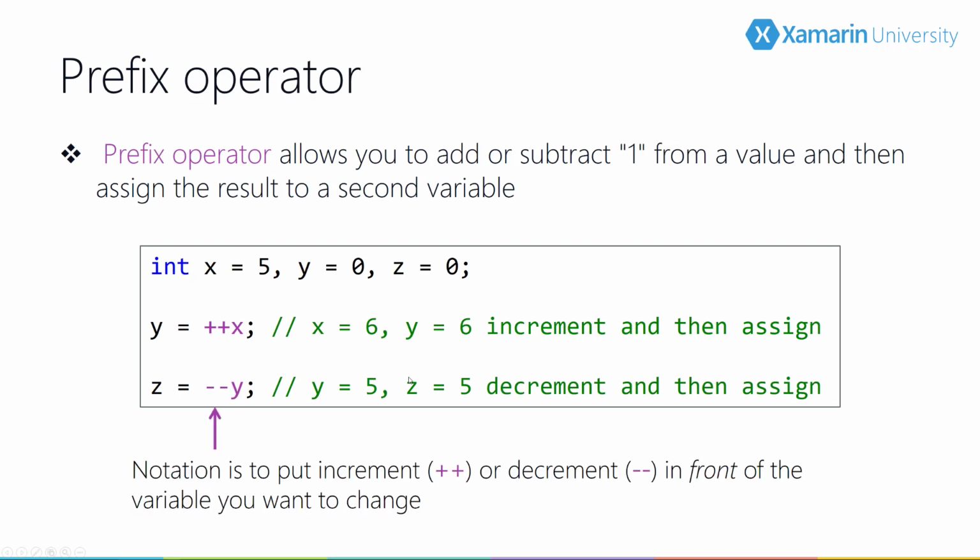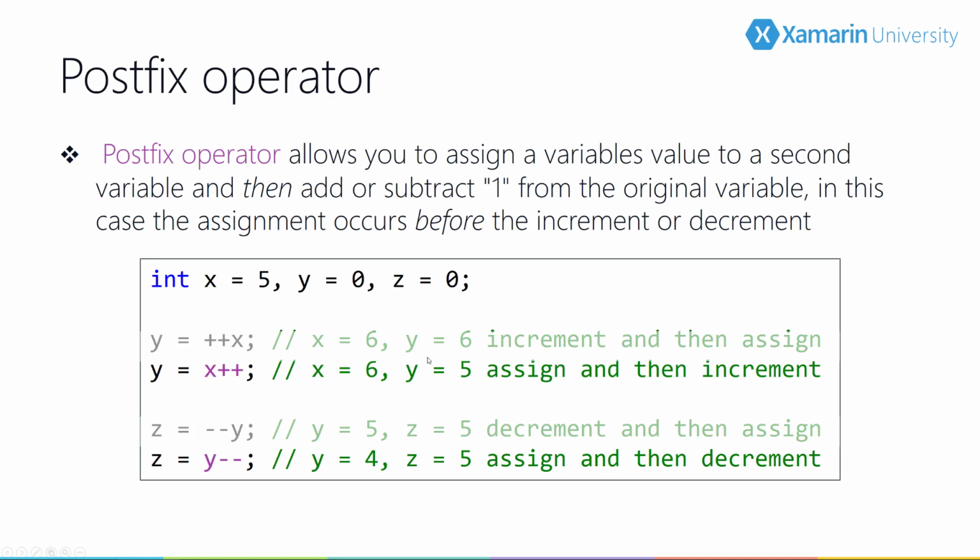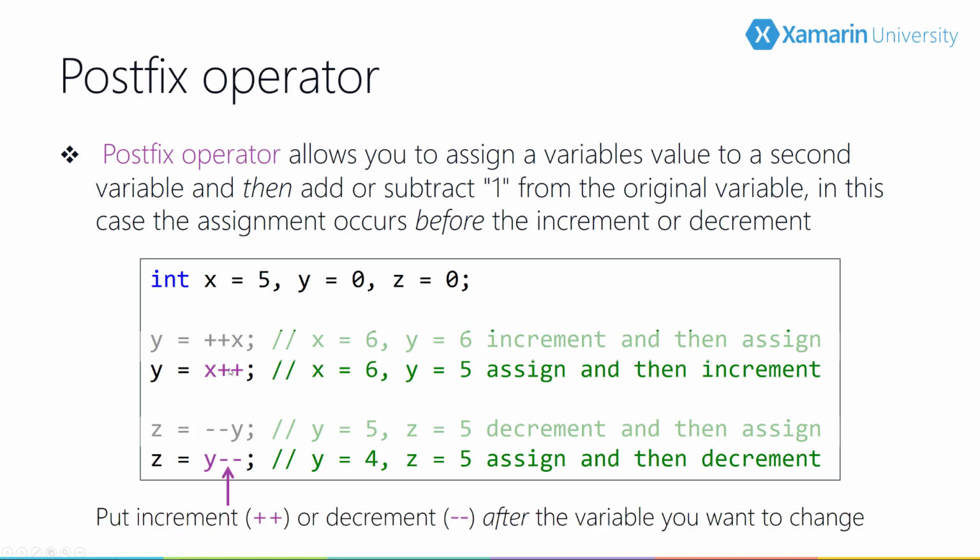Now this is different than doing what's called the postfix operator. The postfix operator, as you can see here, the plus plus and minus minus comes after. So it's a different order. In this order, I'm saying y equals x. So right away, y equals x. Whatever x is, y is now the value of that.